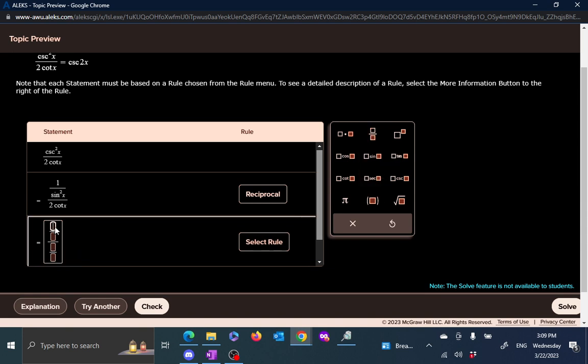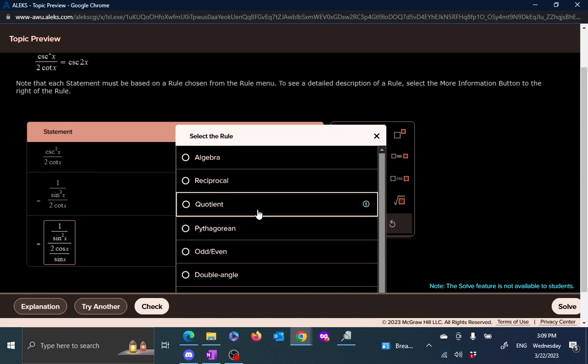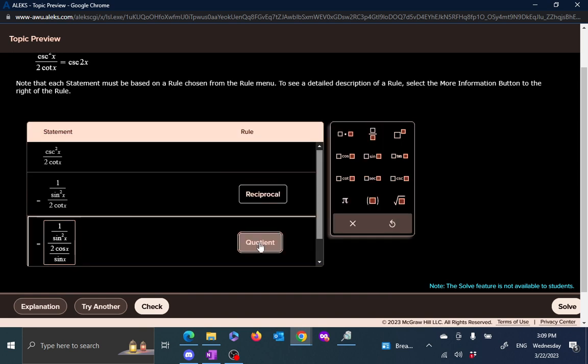So this is 1 over sine square of x, and this is 2 cosine of x over sine of x. So what did I do now? In the denominator I did quotient identity.